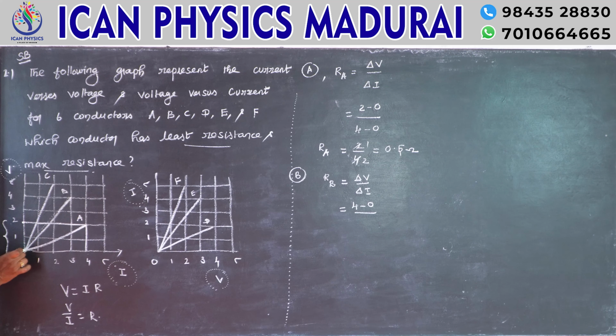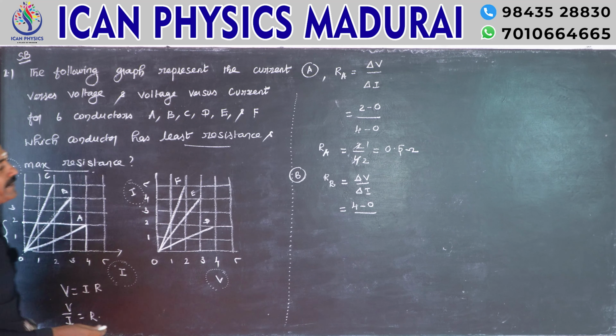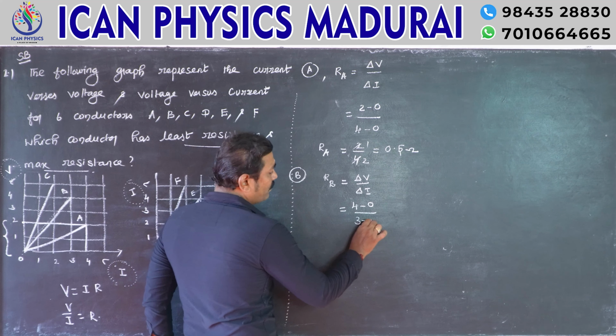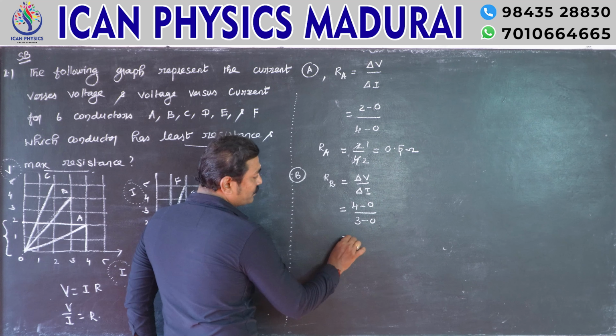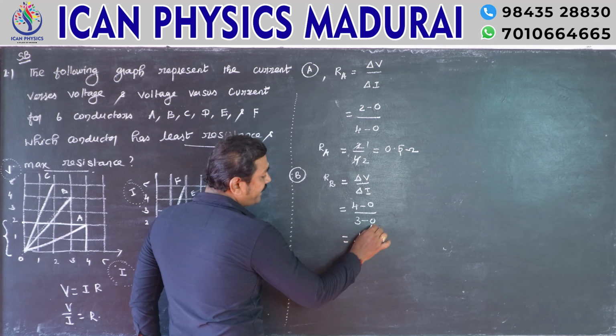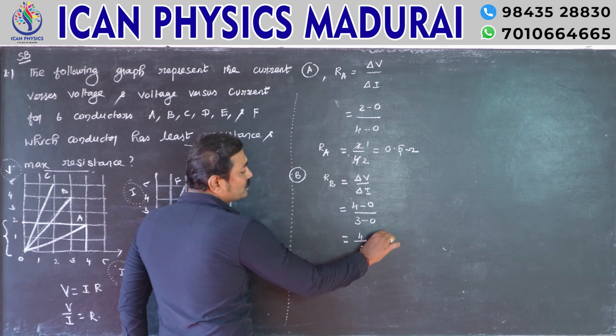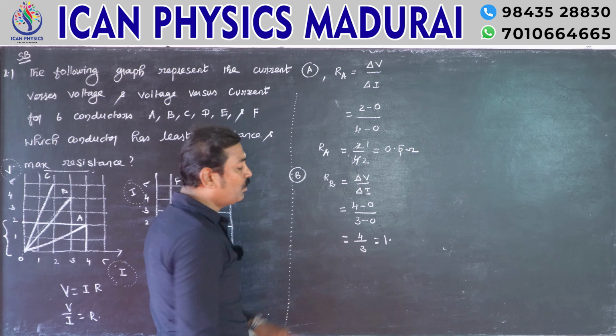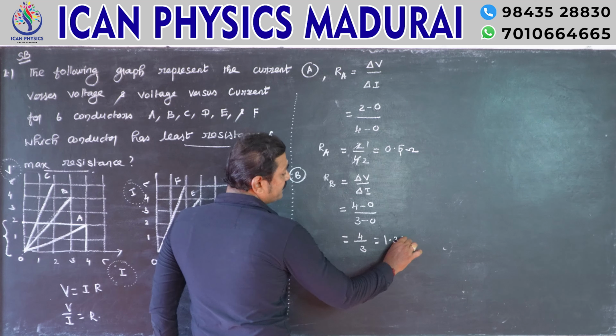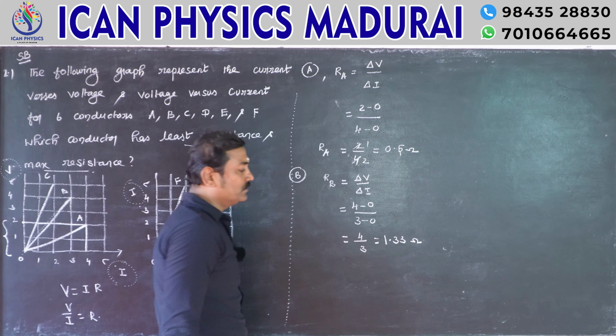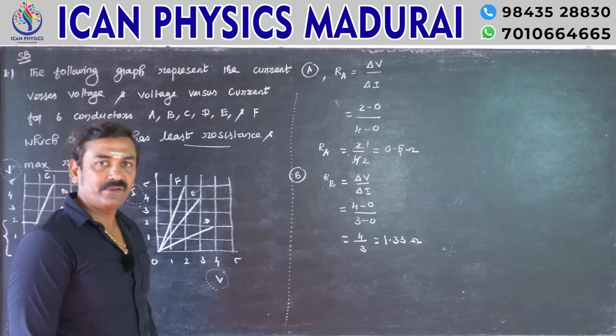Then the initial position 0. So 3 minus 0. So 4 minus 0 is 4. 3 minus 0 is 3. Now 1 3 is 3. Remember 1. So 3 3s are 9. Like that it goes. Okay. Do you get it now? Do you have any doubt?